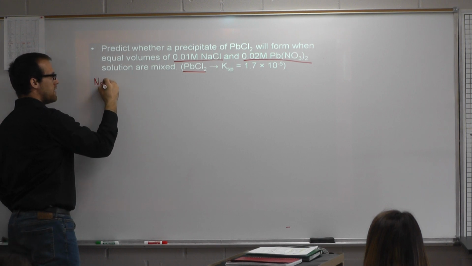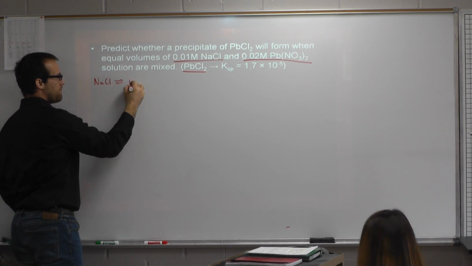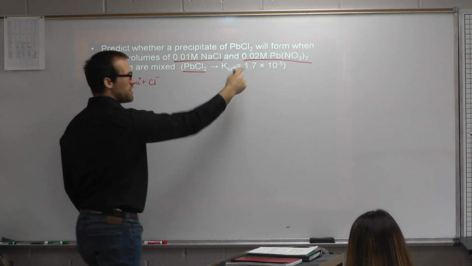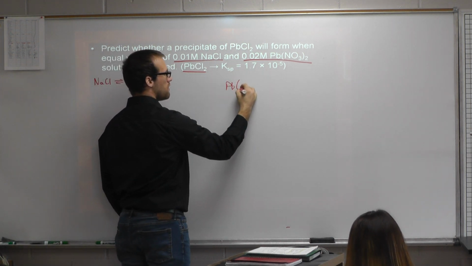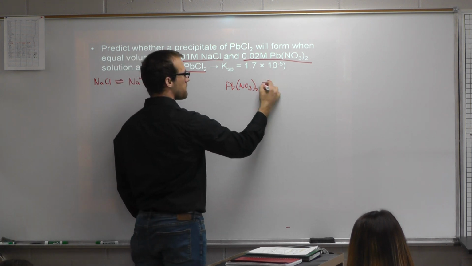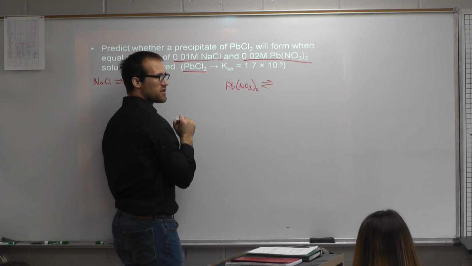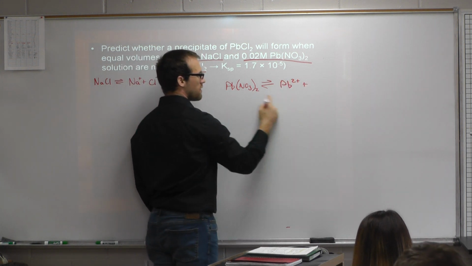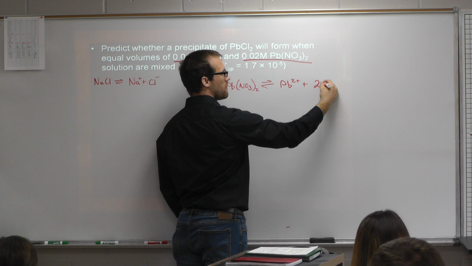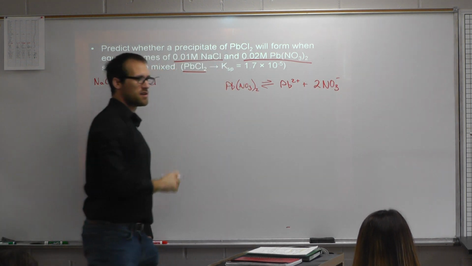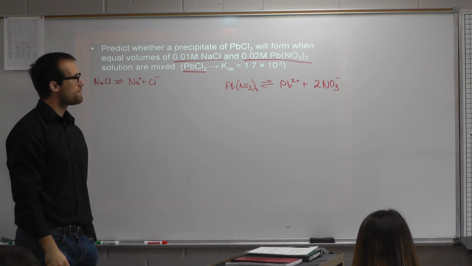Thankfully we've done NaCl quite a bit. And I can then do the other one. Uncrisscross to find the charge. 2 plus. Got two of them. And 2 NO3. Uncrisscross the charge.